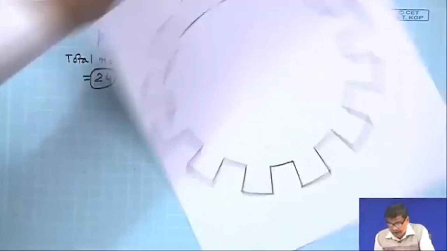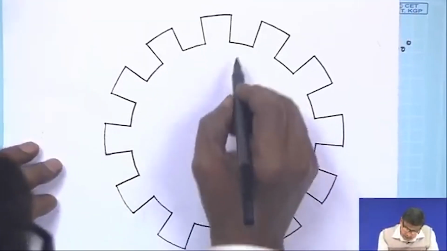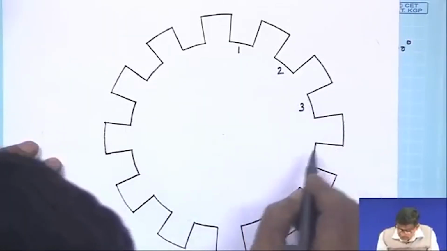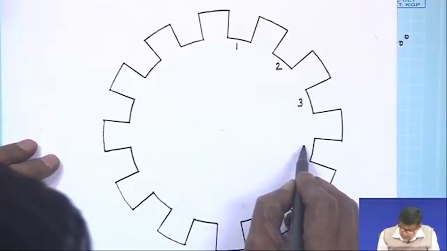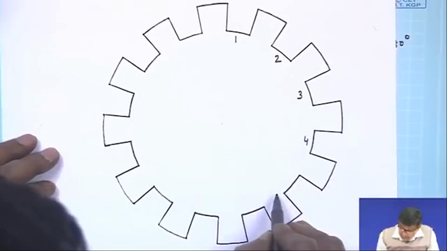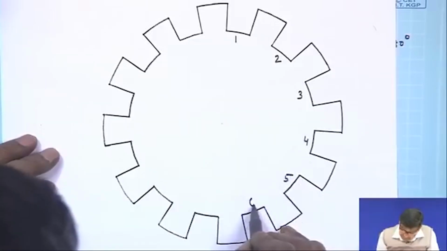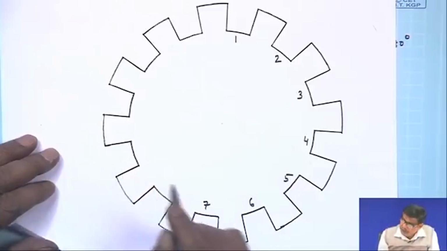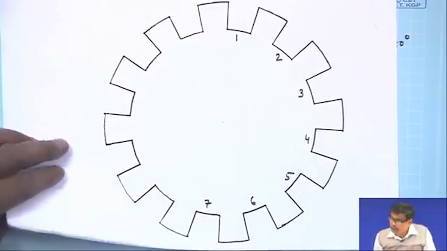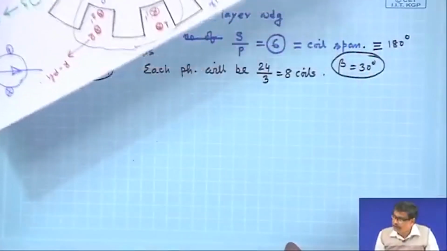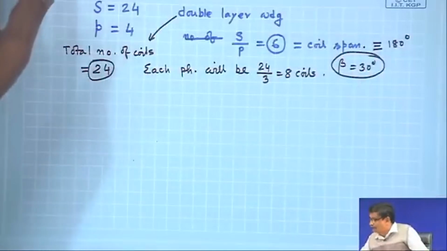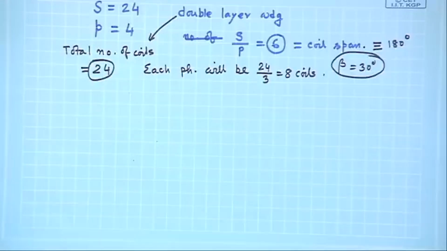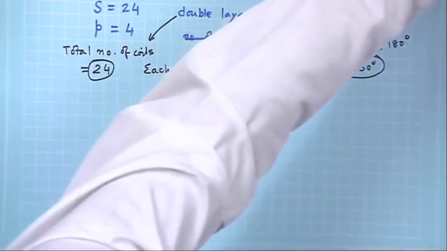Suppose you say this is 1, 2, 3, 4, 5, 6, 7, up to 24. Oh, 24 is not there. Oh, a bigger one. Achha, anyway, it is there. Oh, thank you. This I will show.